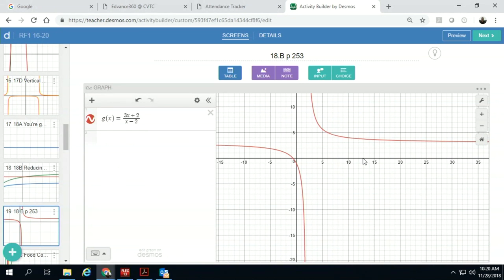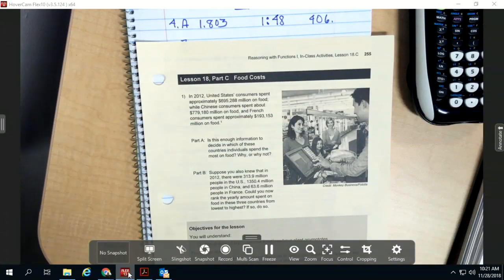Graph the function. Page 255, food costs. In 2012, the United States consumers spent $695 billion. China spent $779 billion. French spent $193 billion.